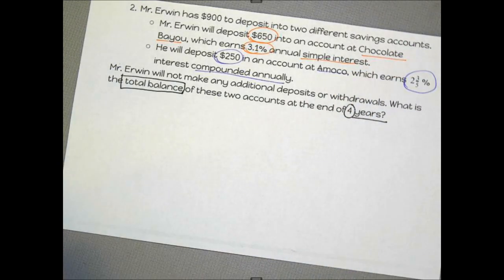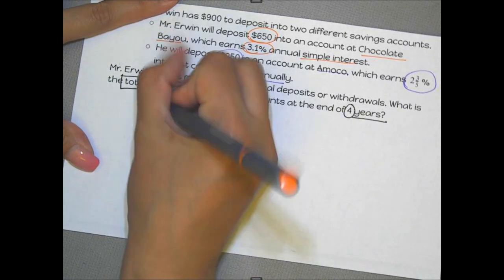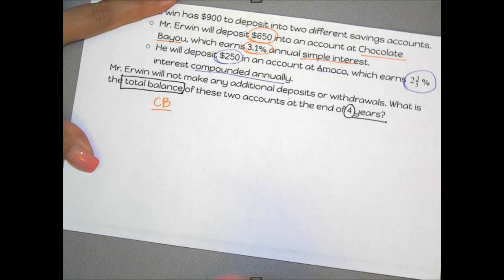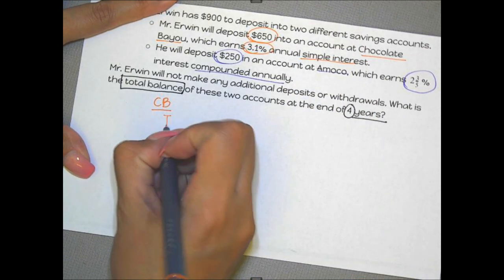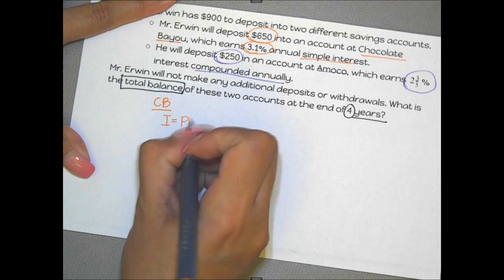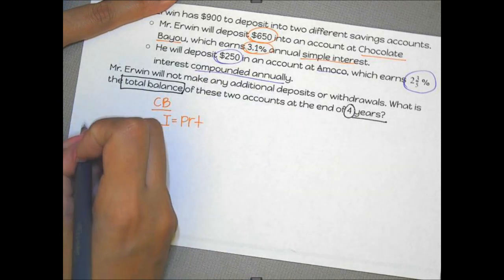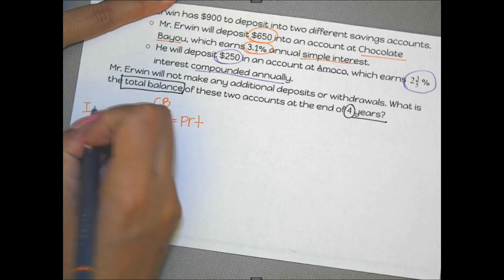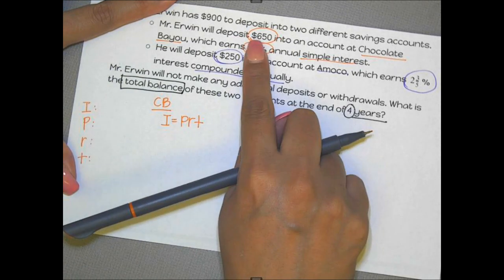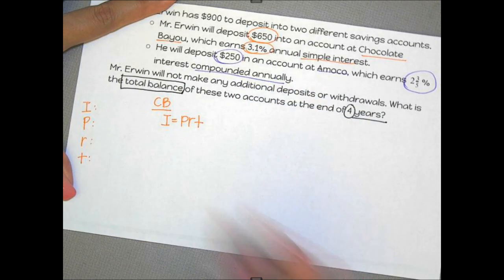All right, so again, I have 2 different accounts here. So I have Chocolate Bayou, and Chocolate Bayou tells me simple interest. So that tells me I'm going to use I equals PRT. So when I pull out my information for Chocolate Bayou, I can see that he's going to deposit $650, which makes that my principal.